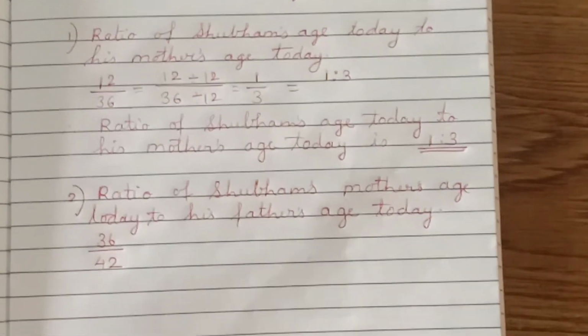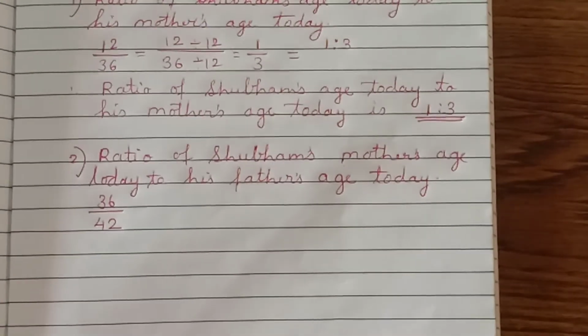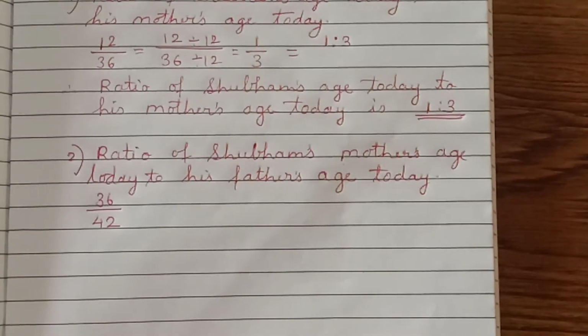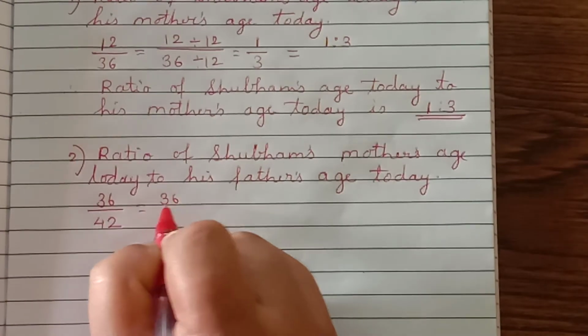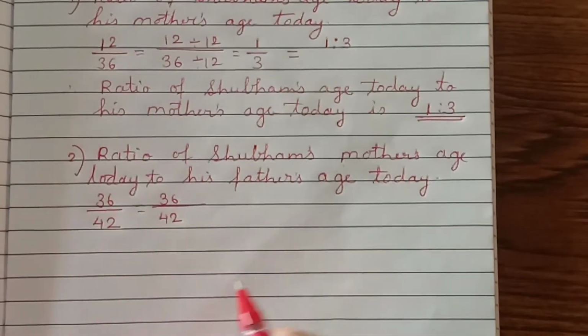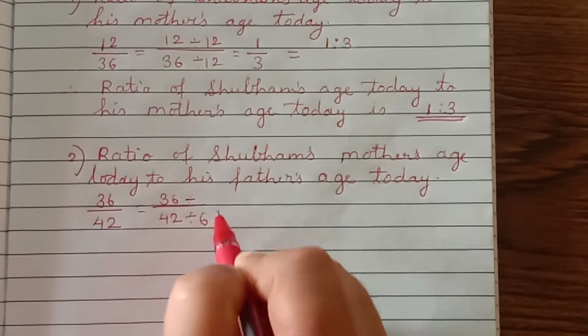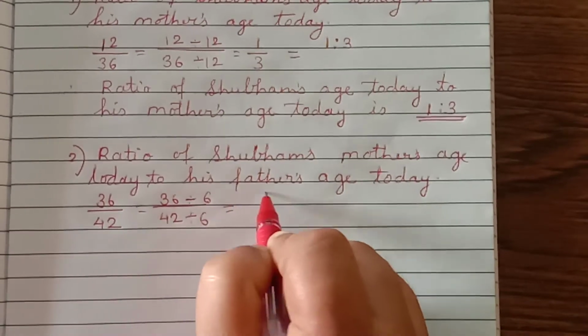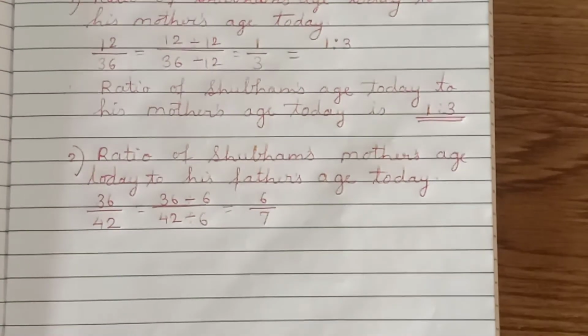Okay, so shall we solve the sum? Okay, now 36 and 42 are divisible by 6. Yes, so see here, 36 and 42. Are they both coming in 6 table? So we'll write here 6. 6 6s are 36 and 6 7s are 42.